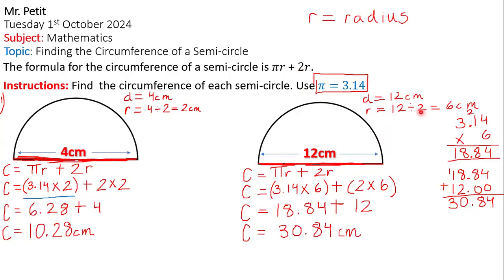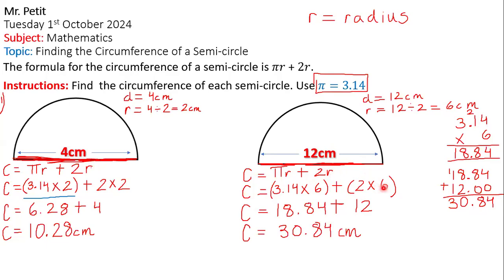So it's 12 divided by 2, so we get 6. And so we say pi, which is what? 3.14. Multiplied by the radius, which is 6, plus 2 times what? 6. The radius, which is 6, right?